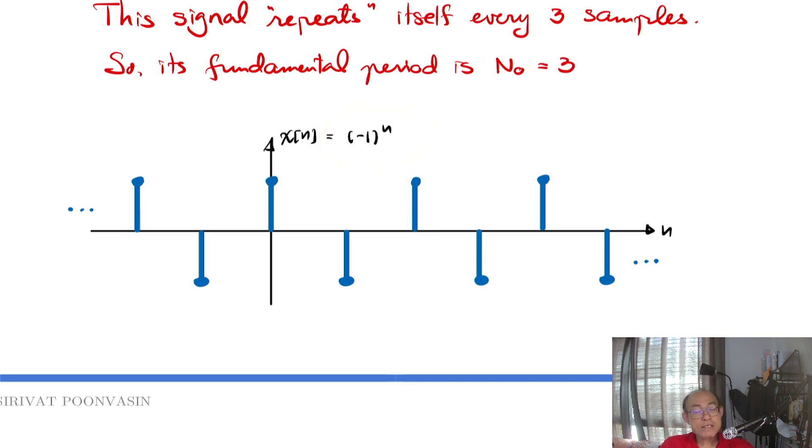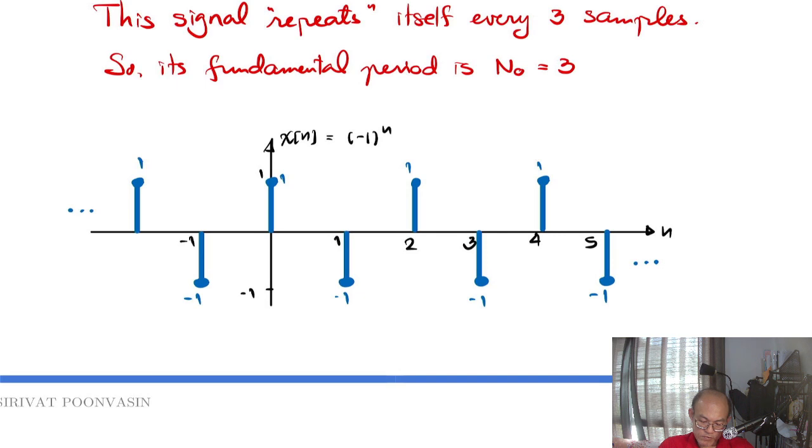But if n is an odd number, then x of n would be negative 1. So it swings between minus 1 and 1.